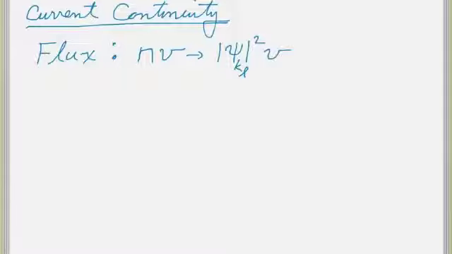And it's similar to the very first expression you learned for current in freshman physics, that J equals rho V. Well, in this case, rho is your charge density, which is just your electron density times q.